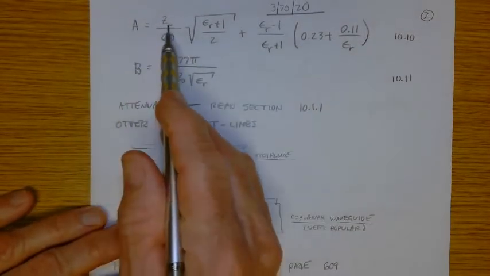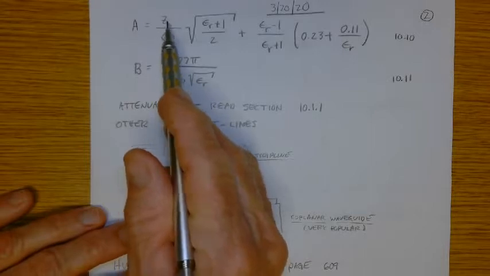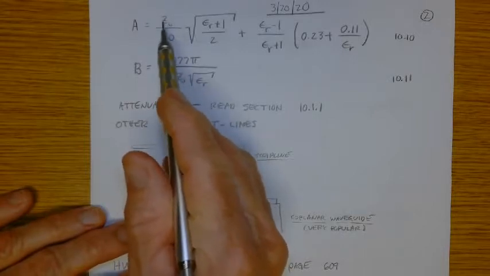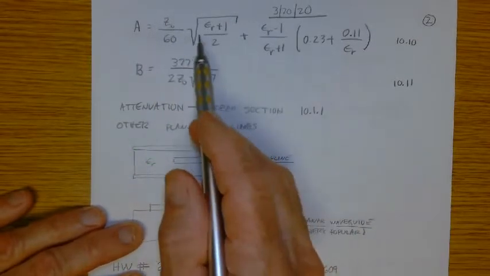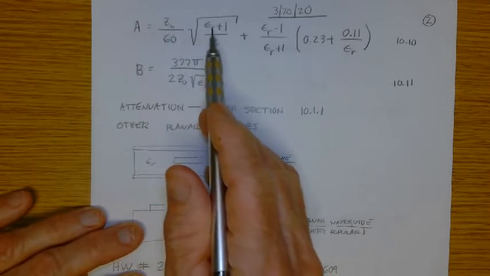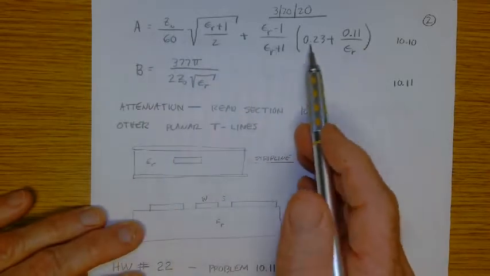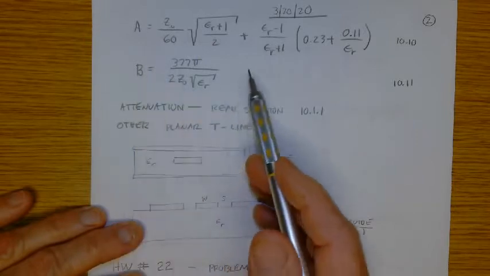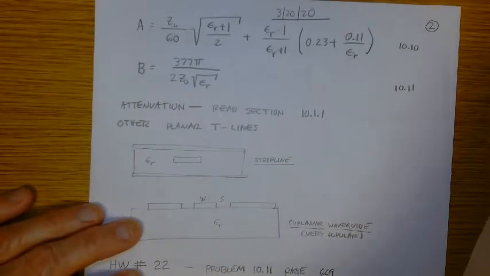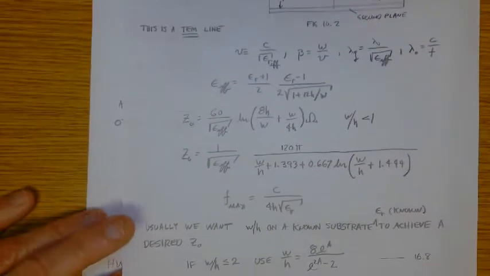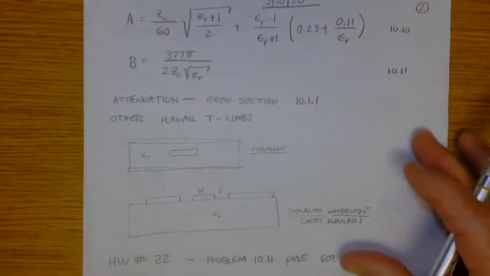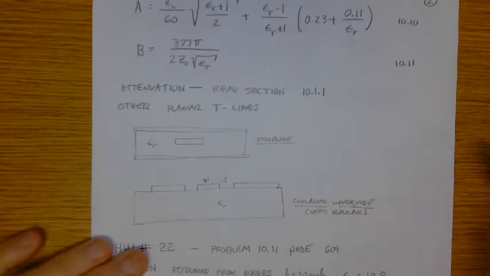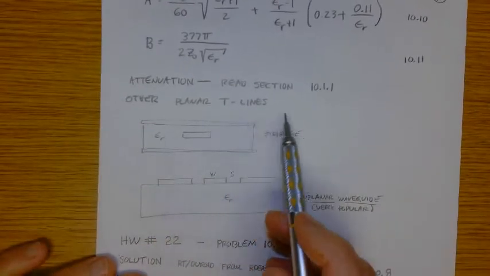So here, if I know the characteristic impedance that I want, again 50, 75, whatever characteristic impedance we desire, and that depends on circumstances, and I know the dielectric constant of my substrate, then I can compute A and B. Once I know A and B, then I can come back over here and get the W over H ratio to achieve that particular characteristic impedance. So pretty straightforward. All right, so very good.